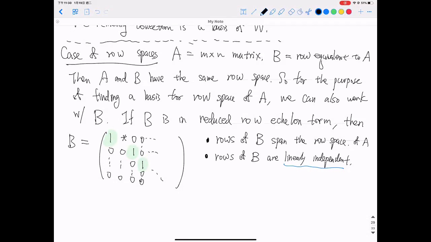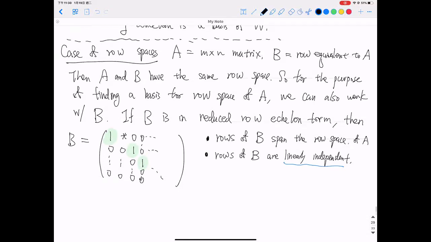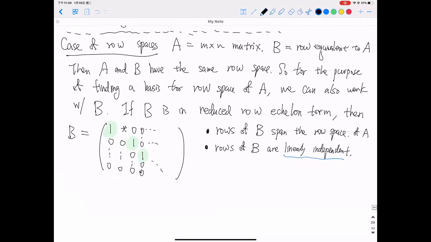You're going to have entries that are equal to the coefficients. And this resulting linear combination is supposed to equal the 0 vector. So all these entries are supposed to be 0. Therefore, the coefficients are 0, all of them.